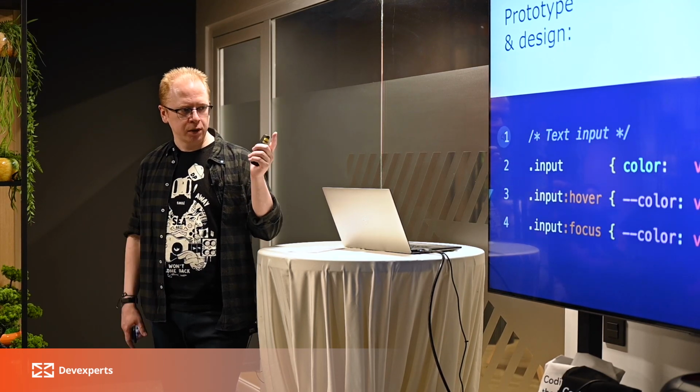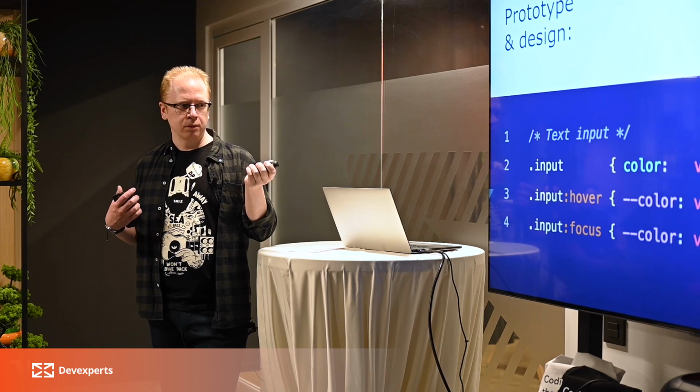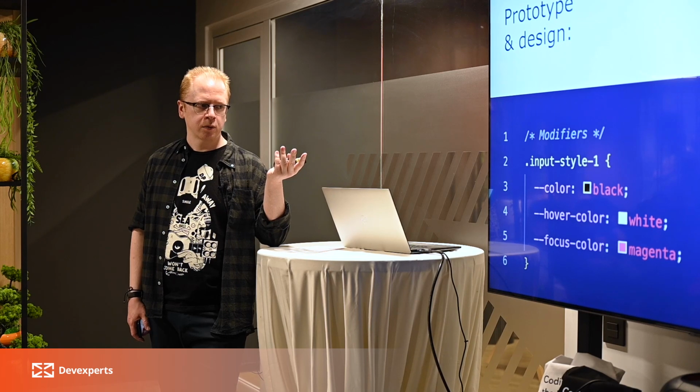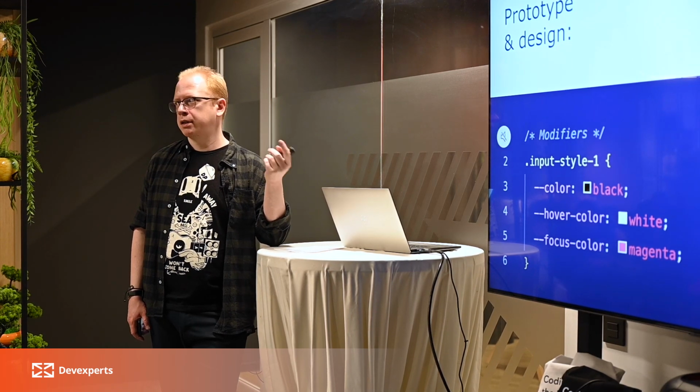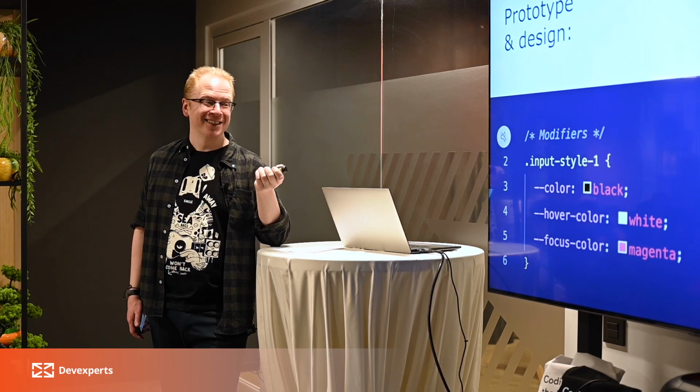from the previous step, we have the hover color and focus color made available, and in a preset class we could set all those three variables, and they will be picked up by the CSS processor.